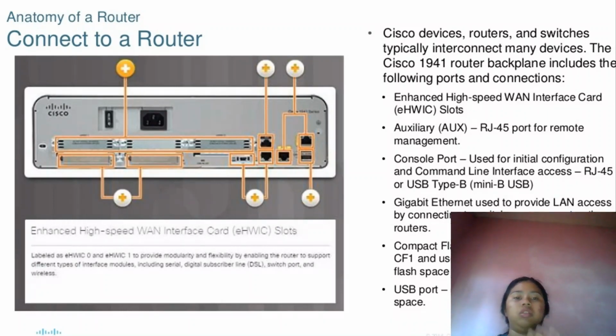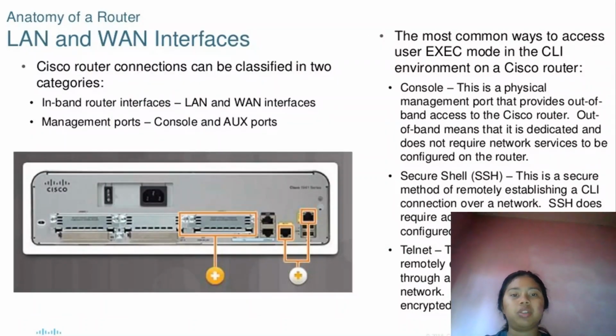Connect to a router. Enhanced high-speed WAN interface card, auxiliary port, console port, gigabit Ethernet, compact flash slots, USB port. LAN and WAN interface. Cisco router connections can be classified into two categories: in-band router interfaces and management ports.